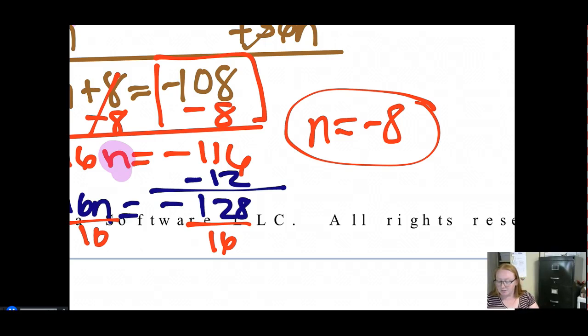Okay. I used my calculator for all of that. I did negative 128 divided by 16, and I got negative 8.